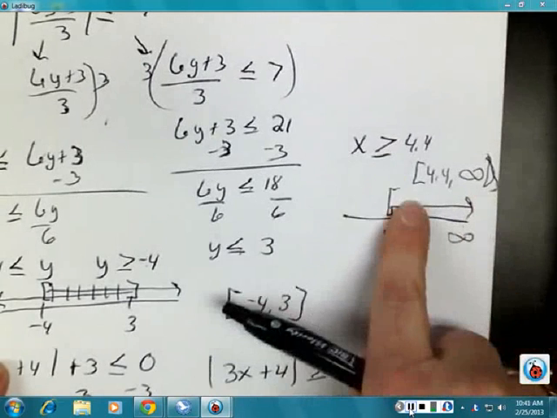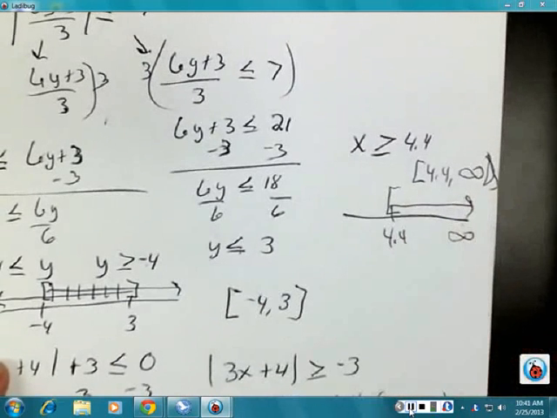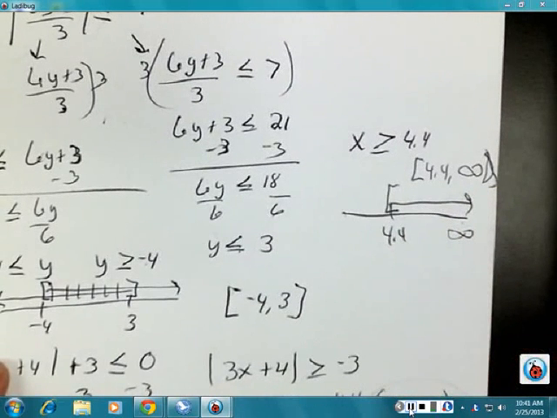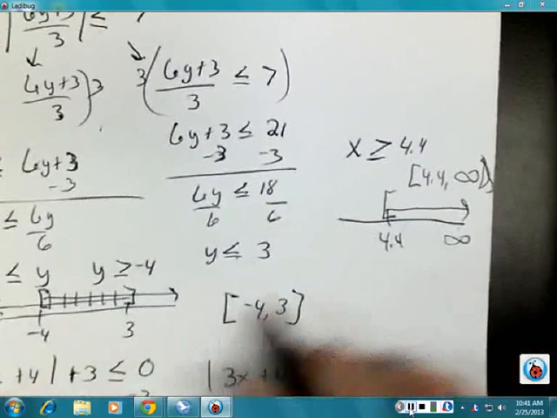The first would be a bracket because you had an equals, and infinity gets a parenthesis. Does that help? Okay, good. But make sure you watch out for those negatives and getting your negative values in there.